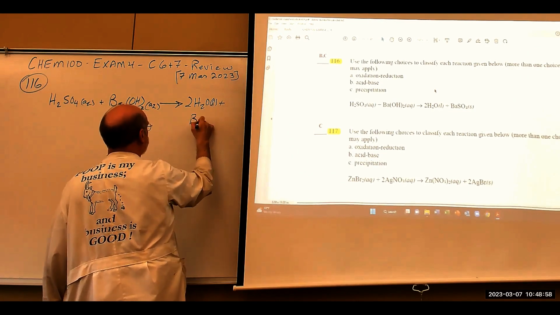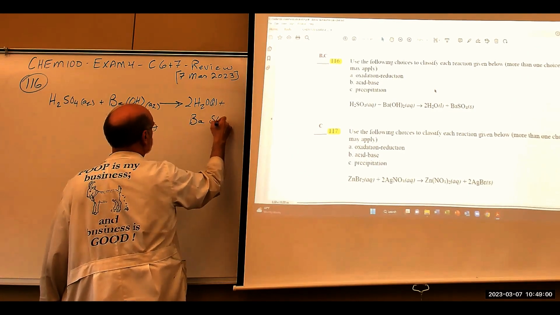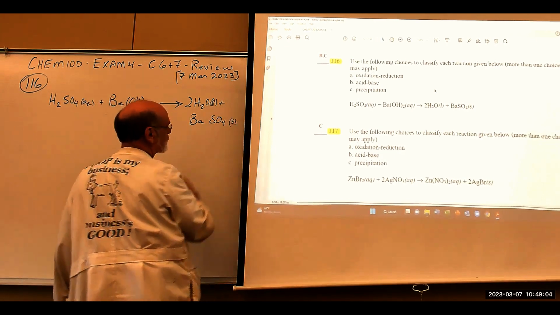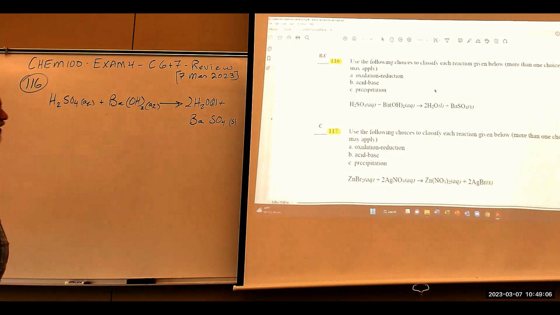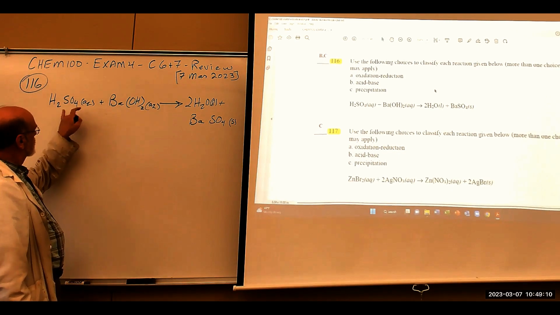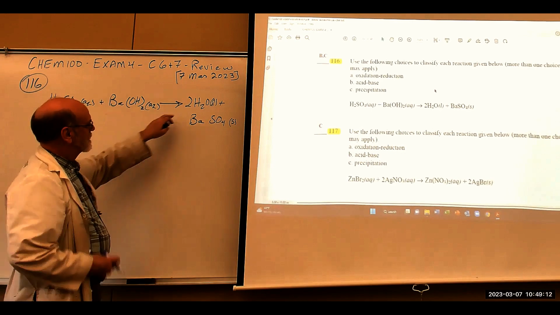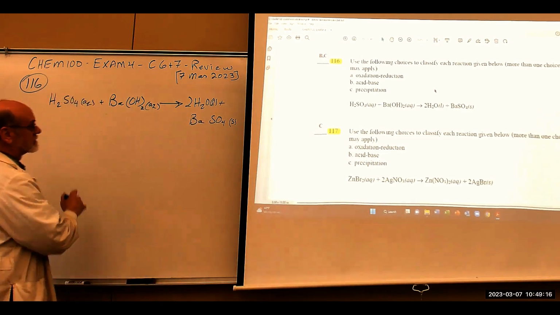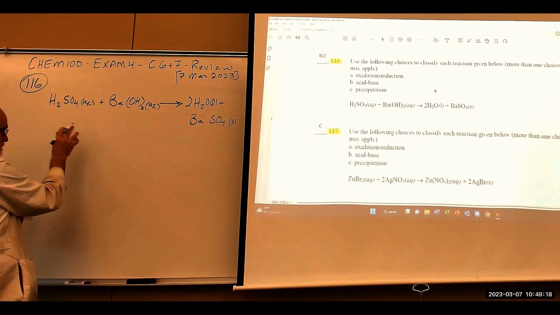Plus barium sulfate. Solid. Ooh. Now what do we do? Well, we've got a solution, an acid, and a base. Makes salt and water. That's an acid-base reaction. Right? So that's B. That's true.